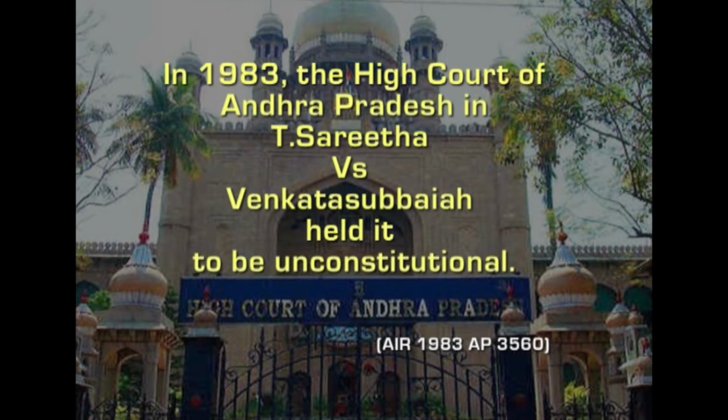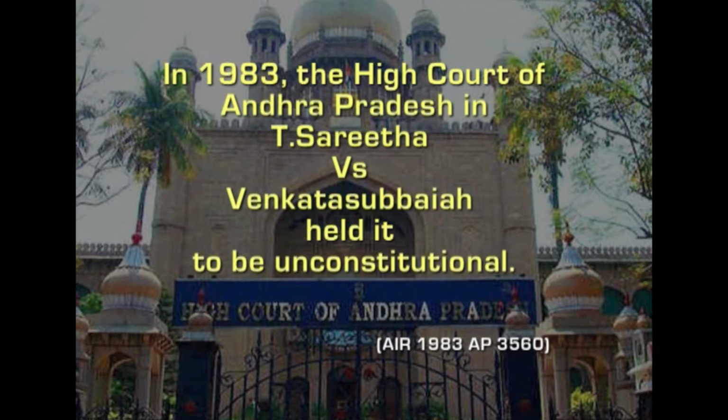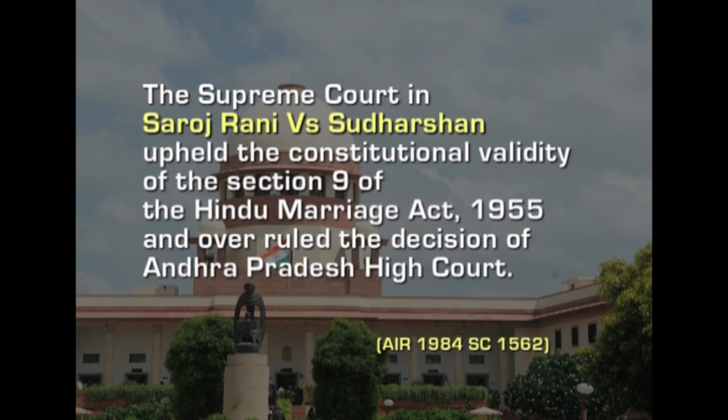In 1983, the High Court of Andhra Pradesh in T. Sarita versus Venkat Subbaya held it to be unconstitutional. Later, the Supreme Court in Saroj Rani versus Sudarshan upheld the constitutional validity of Section 9 of the Hindu Marriage Act 1955 and overruled the decision of the Andhra Pradesh High Court.